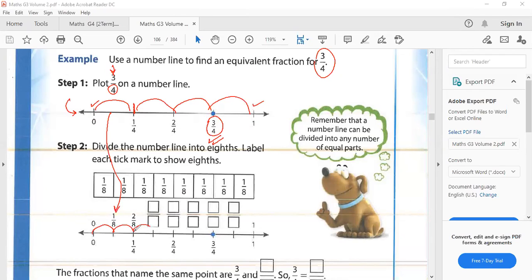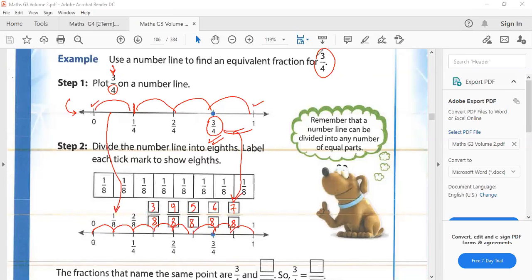This is 1, 2, 3, 4, 5, 6, 7, 8. We divided each jump or each equal part here into 2 equal parts. There will be 8 equal parts in all. So 1 over 8, 2 over 8, 3 over 8, 4 over 8, 5 over 8, 6 over 8, and 7 over 8.